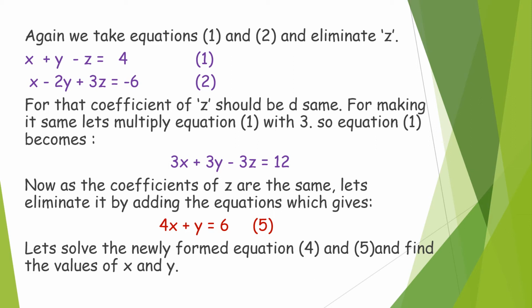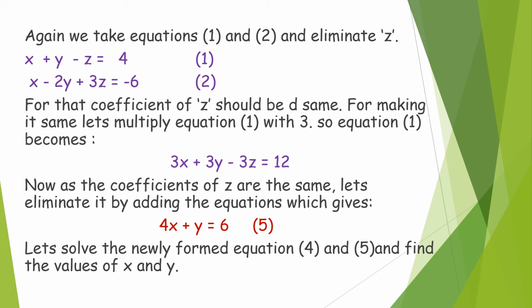Now we can see that the coefficient of z becomes the same in both equation 1 and 2, that is 3. So we can easily eliminate z by adding both the equations. By adding the equations, we will get 4x plus y equal to 6. So a new equation is formed, a fifth equation.